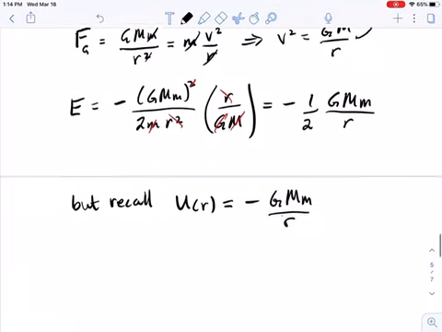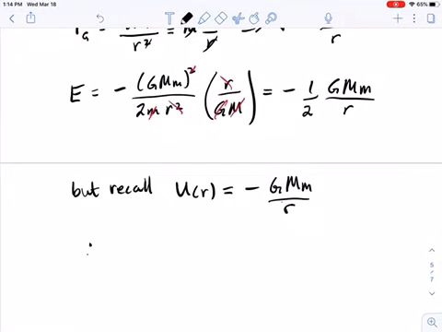And so what we found is that for our circular orbit, the energy is equal to 1/2 of U.